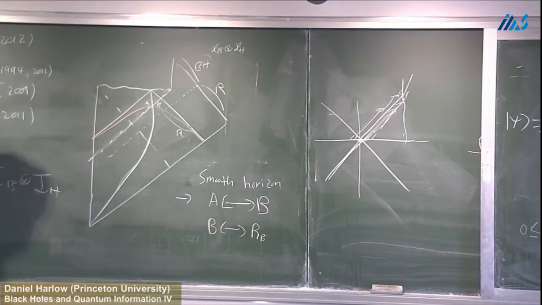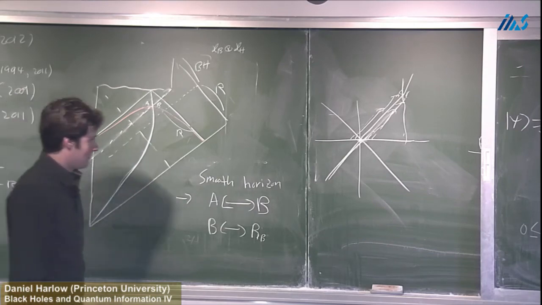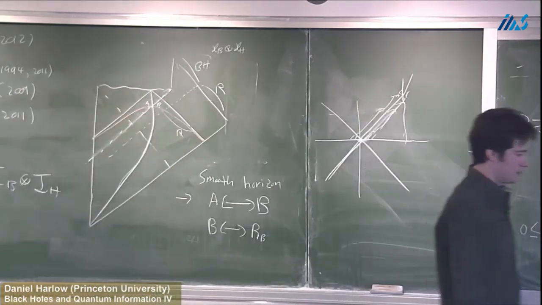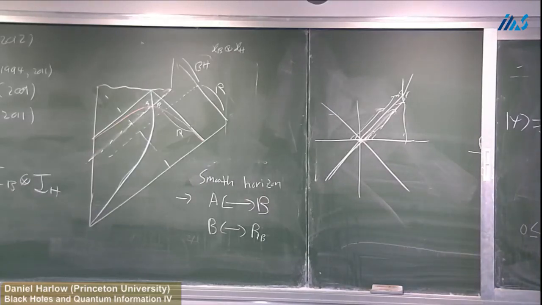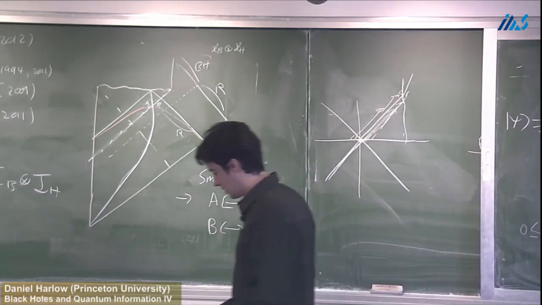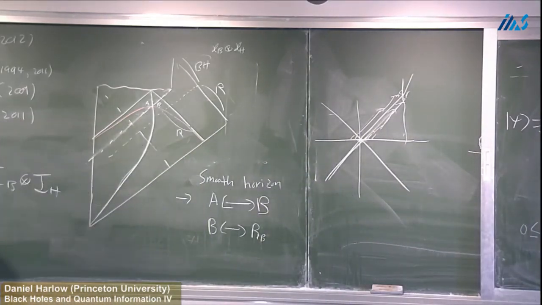And by the time she's done, the black hole will have already evaporated. She won't have time to jump in and try and check the AB entanglement anymore. So if you're willing to accept this, then it seems like, at least in principle, complementarity is still alive with this additional restriction.